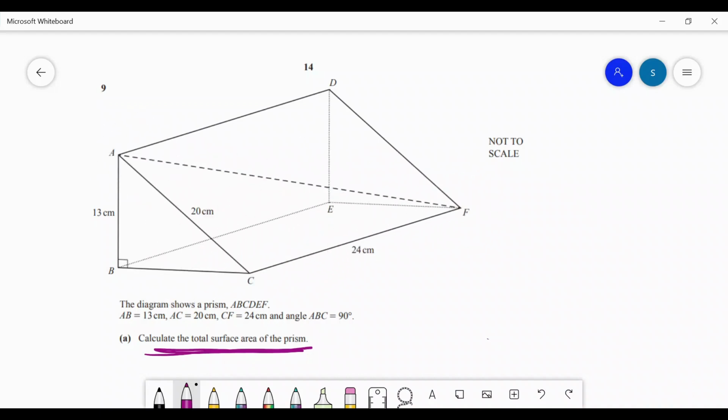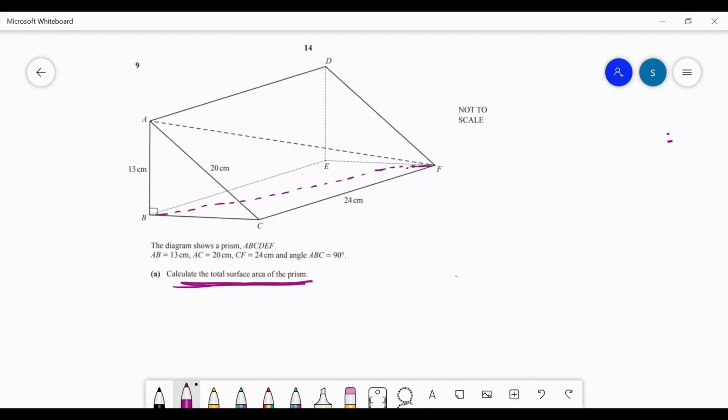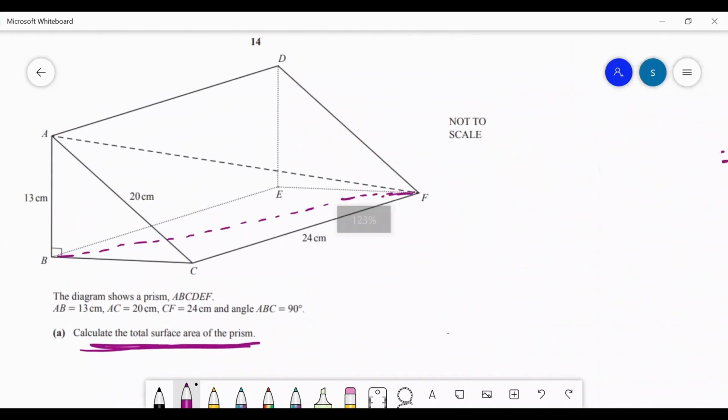So what we're going to do is draw a line here that's joining the line AF to the base. So I'm just going to take the diagonal BF and the line AF, which is already given in the question, and try to find the angle between them. So this would be my answer.